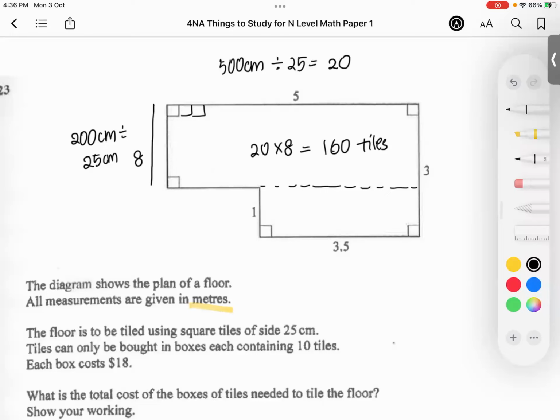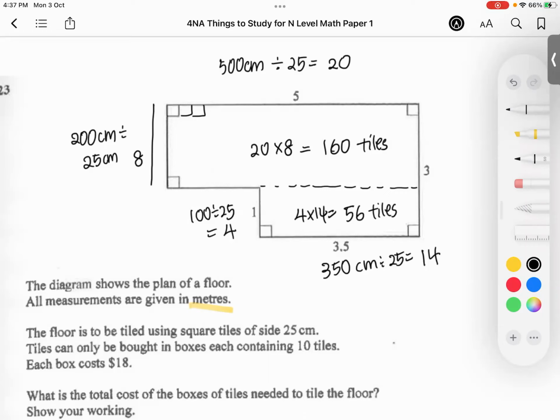Then remaining here, this is 1 meter, which is 100 cm, divided by 25, that gives me 4 rows. But this is 350 cm, divided by 25 cm, that is 14. That means this will have 4 times 14 to give me 56 tiles.